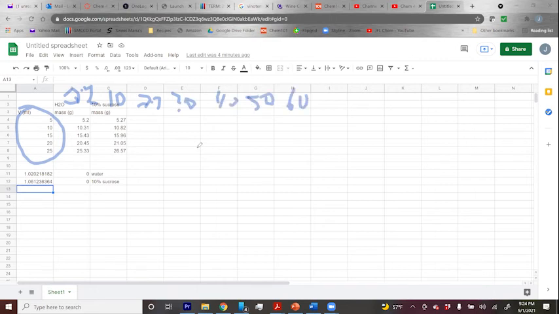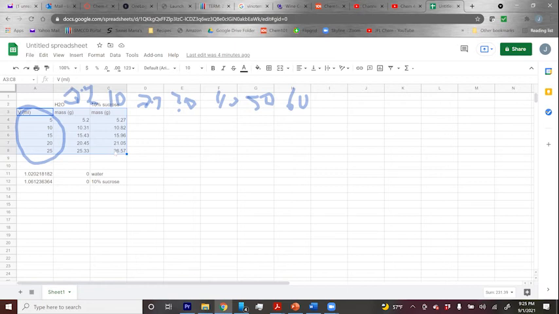And then I'm going to measure the mass of my 5, 10, 15, 20, and 25. Then I just select as many points as I want. I just have 0% and 10% right now, so that's all I can select.